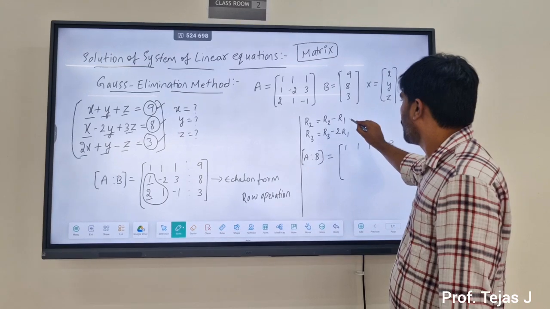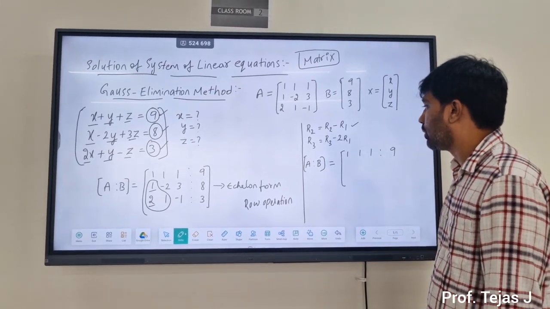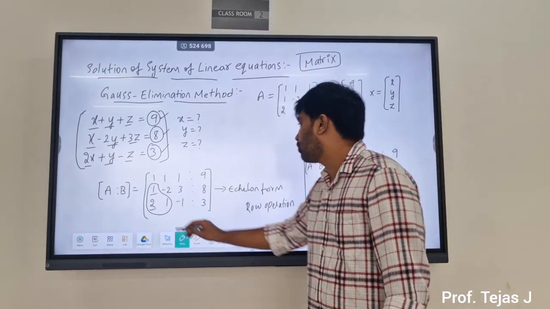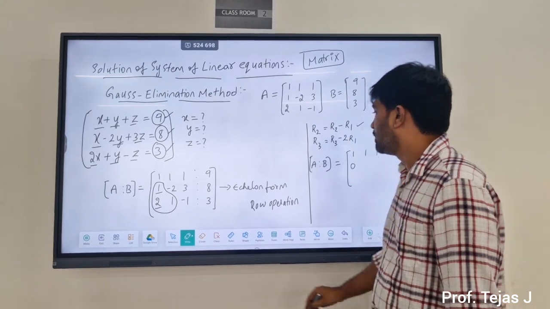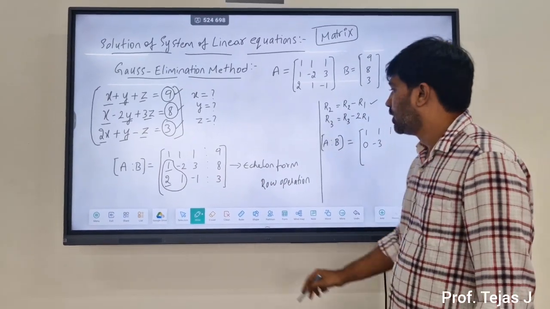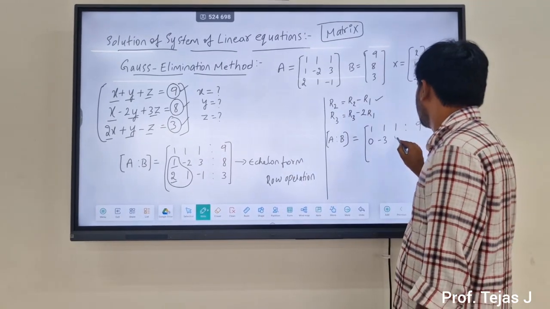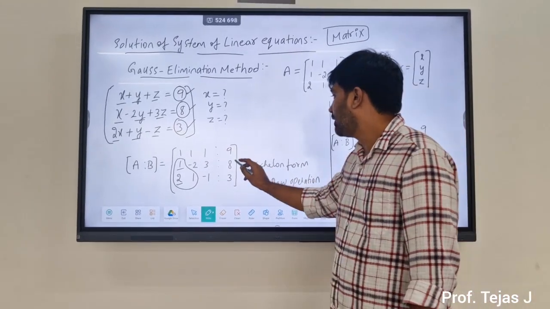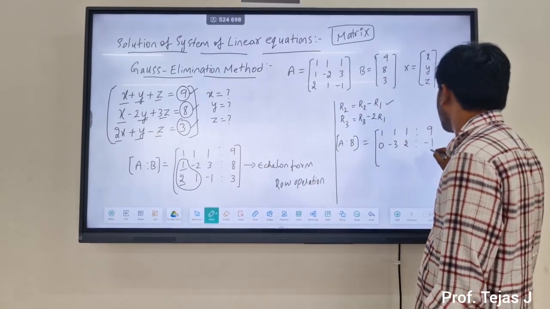For the second row, using the operation, 1 minus 1 is 0, then -2 minus 1 is -3, 3 minus 1 is 2, and 8 minus 9 is -1.